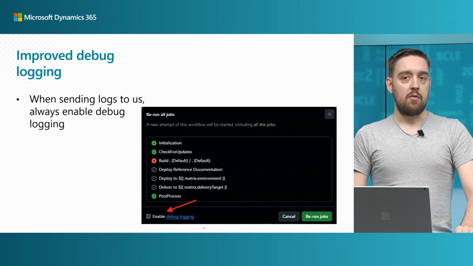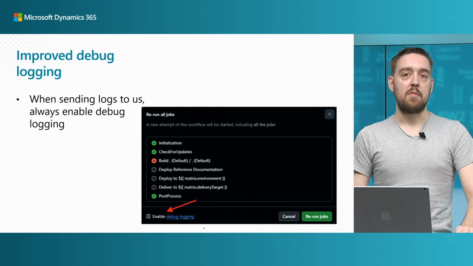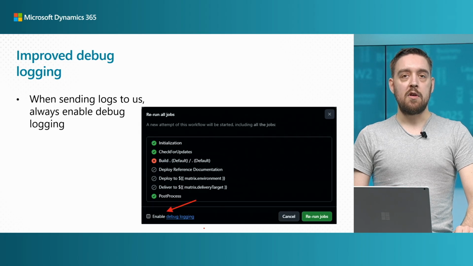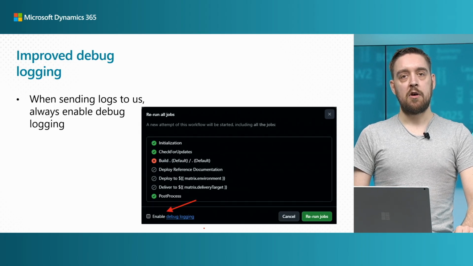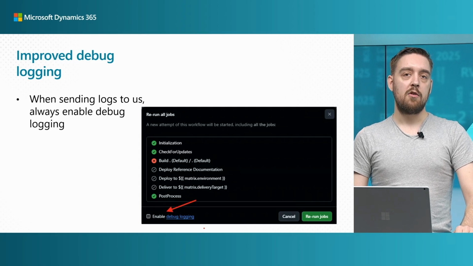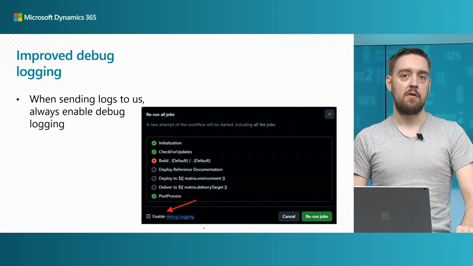Now we would like to ask you to run these with enable debug logging in GitHub. As shown in the screenshot, this is a built-in GitHub feature. What's new is that we have focused on putting extra logs in here that will help us debug your issues. The reason for this is that this will not clutter your regular logs, which might be useful to you, but provide information to us, which will help us debug your issues quicker and easier.